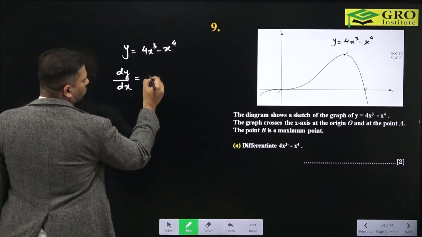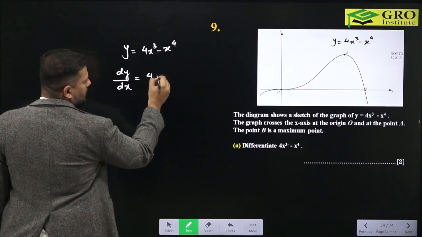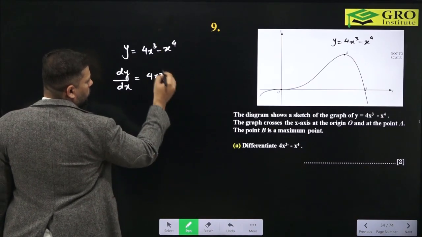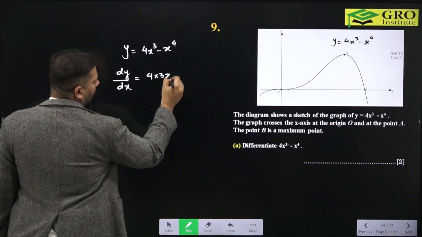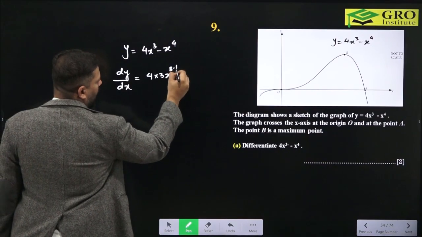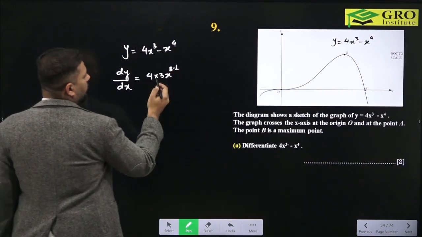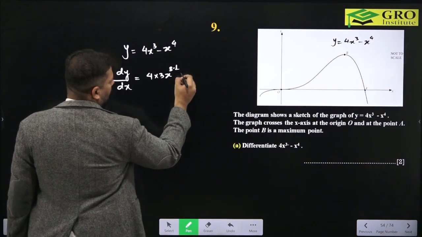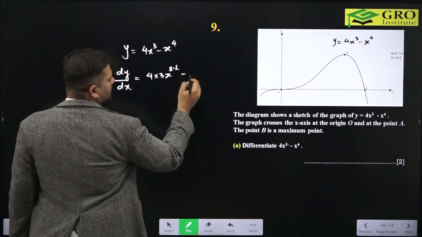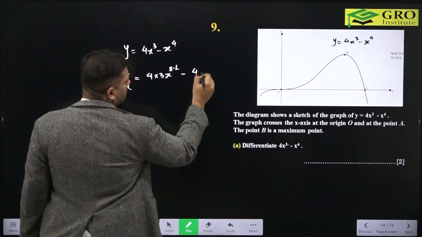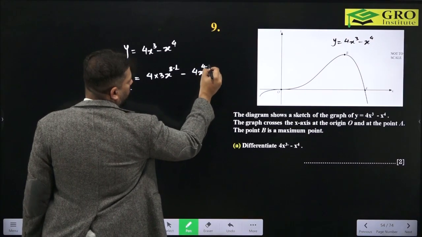It's 3. So this 4 will remain as it is, 3 comes down and is multiplied with 4, and then we subtract 1. So it is 4 times 3 x raised to power 3 minus 1, minus, and for x raised to power 4, the 4 comes down and the exponent becomes 4 minus 1.